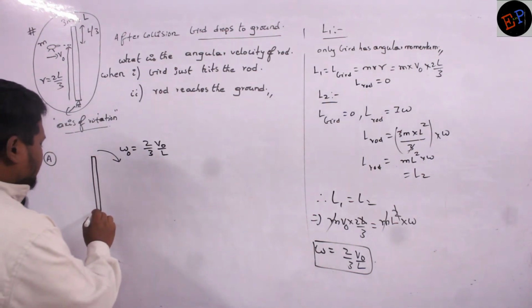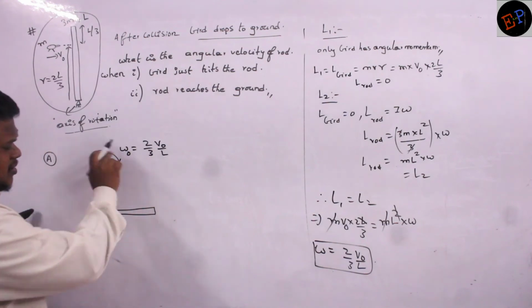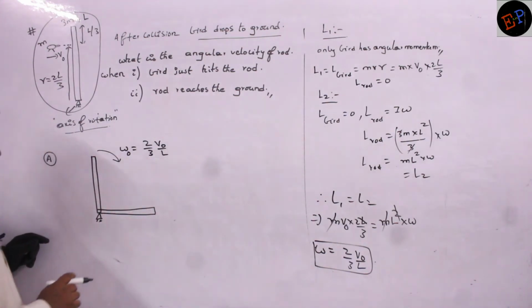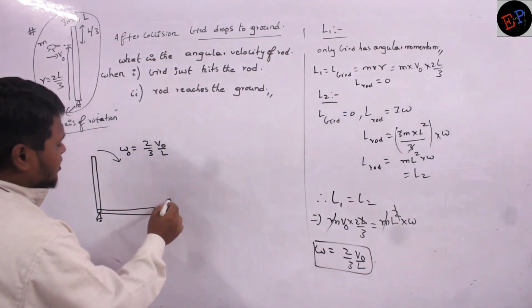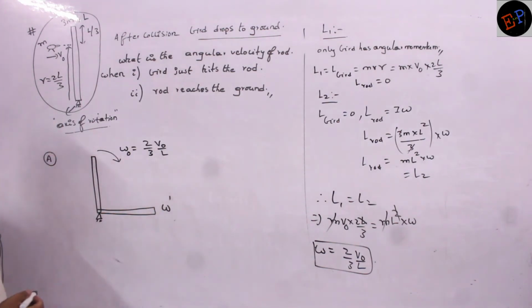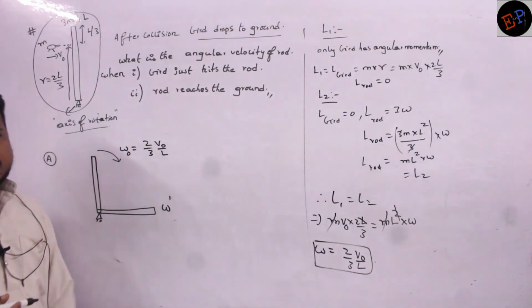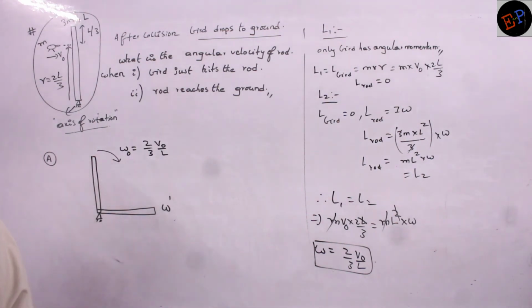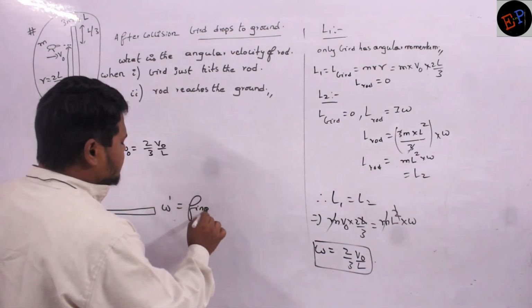So after some time what will happen? The rod will fall to the ground. Are you able to understand? Here, the one we have taken as omega naught, this one let us consider omega dash. What is this omega dash? The final angular velocity of the rod.